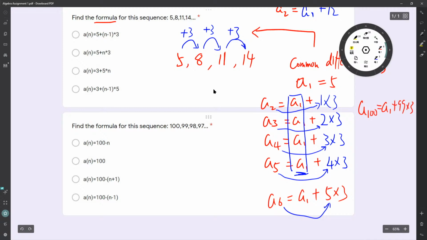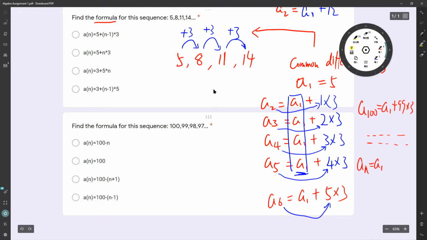So here we find the secret. It's always 1 less than the number of the term. Therefore, for a very, very large number, let's say AN, the A1 is still there.